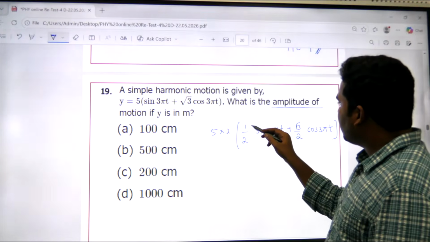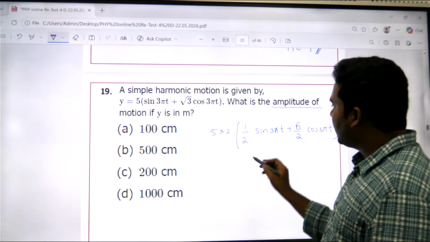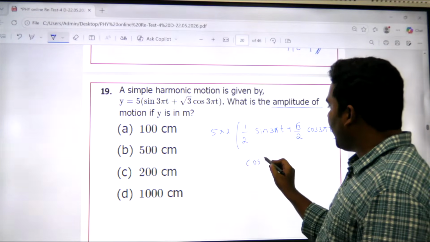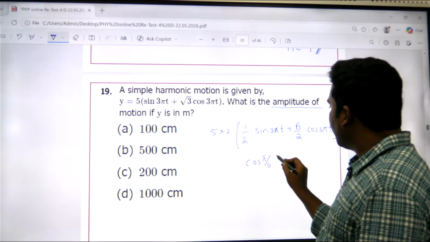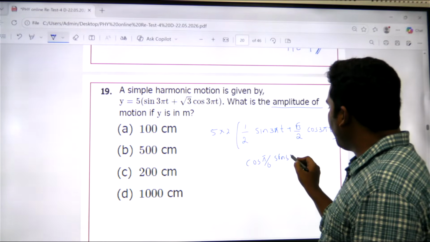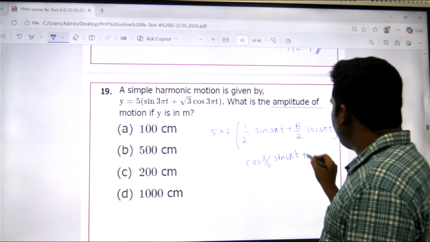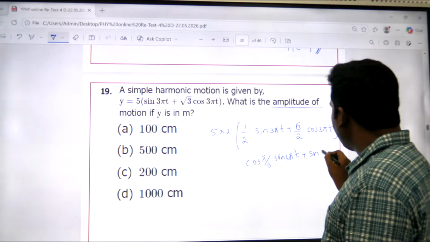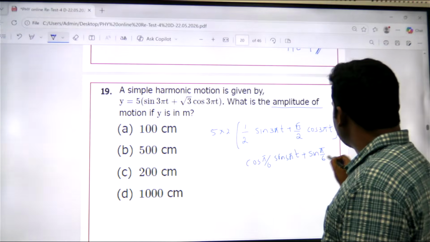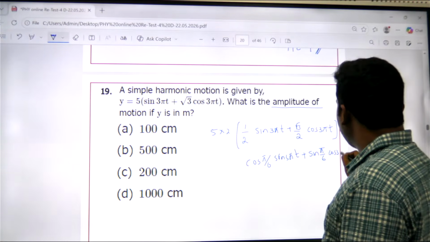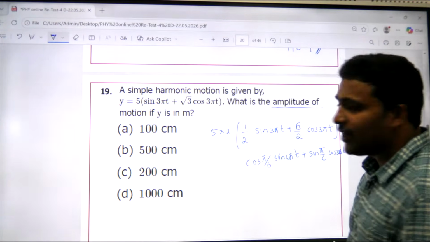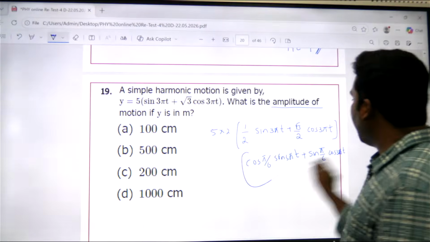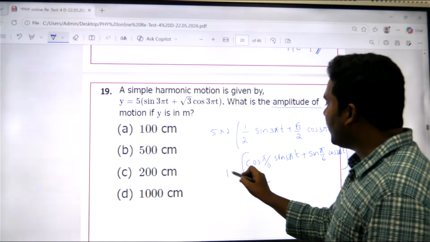What is cos 60? Cos of pi by 6 into sine 3 pi t plus root 3 by 2, in terms of sine, is sine of pi by 6... sine pi by 6 into cos 3 pi t. So this is in the form of sine of a plus b, and you also have 10 in front.